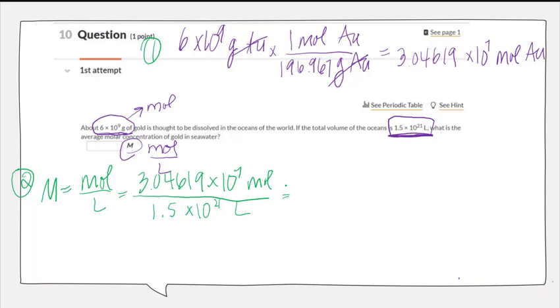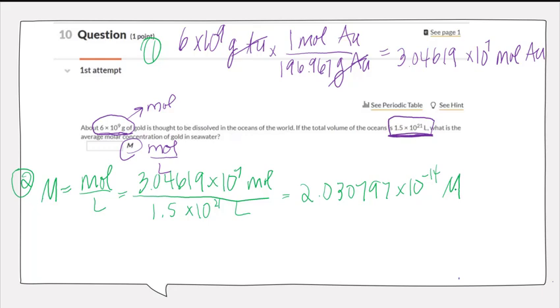Now make sure on your calculator that you are using parentheses to make sure that this does not get gunked up. My calculator tells me 2.030797 times 10 to the negative 14th power for concentration.